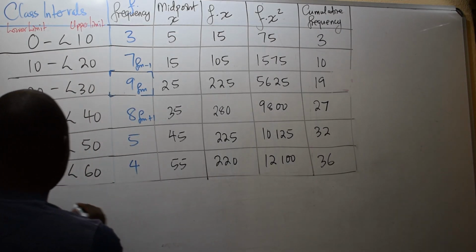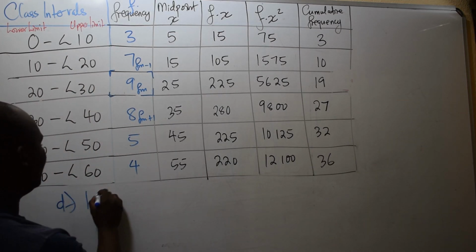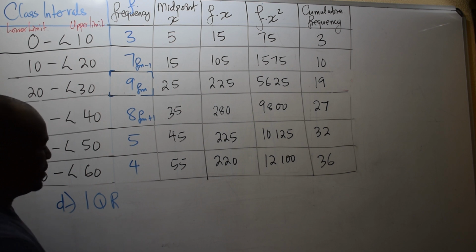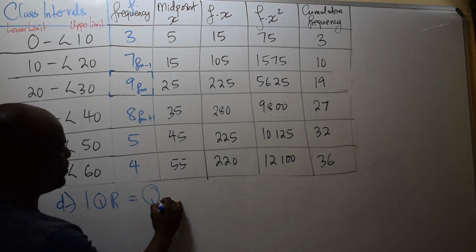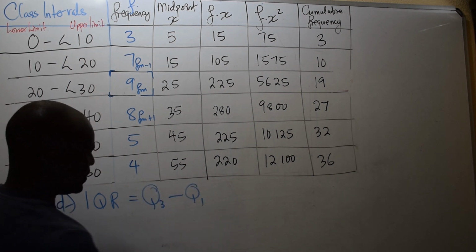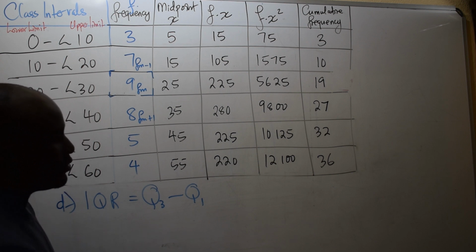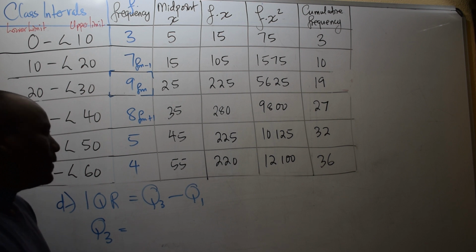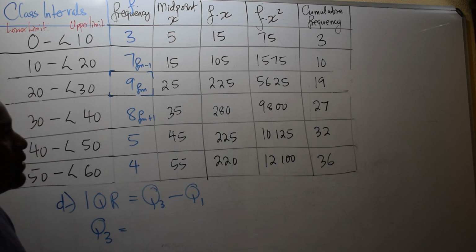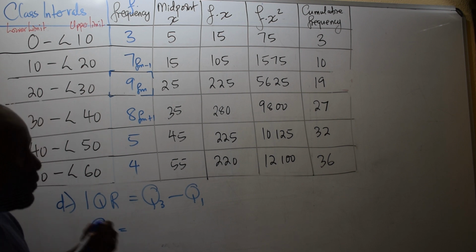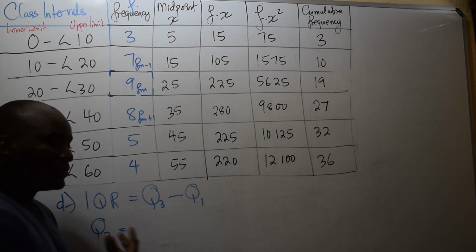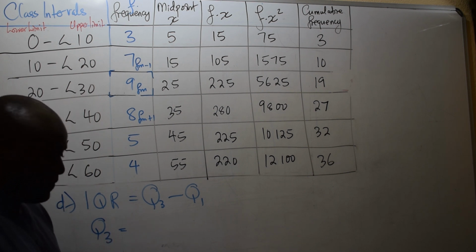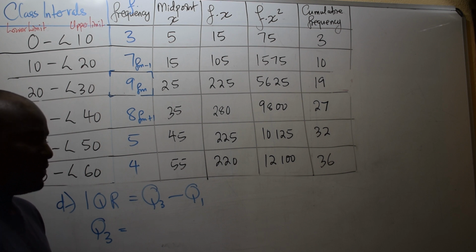Number D. So D, interquartile range. The formula would be your Q3 minus your Q1. So essentially we need to be able to calculate our Q3 and calculate our Q1. For Q3, the formula would be essentially the one for the mode, but now it's going to be divided by 4, and we use stuff that relates to 4.